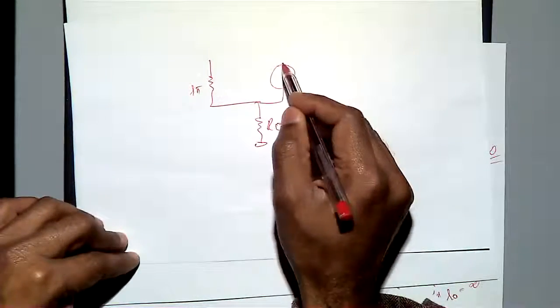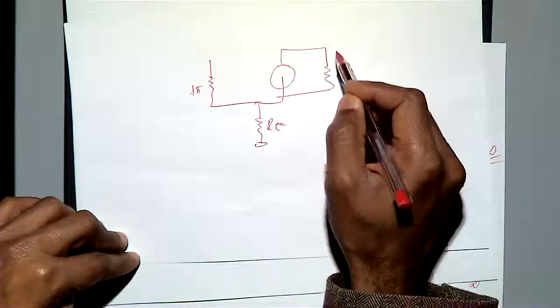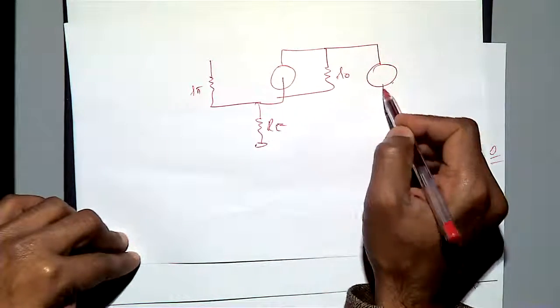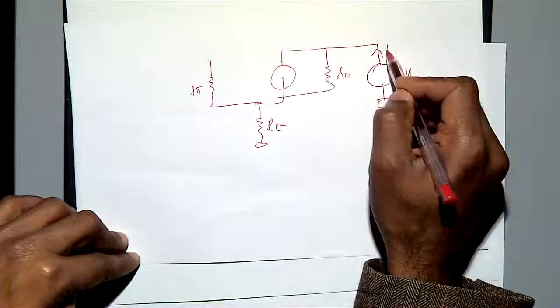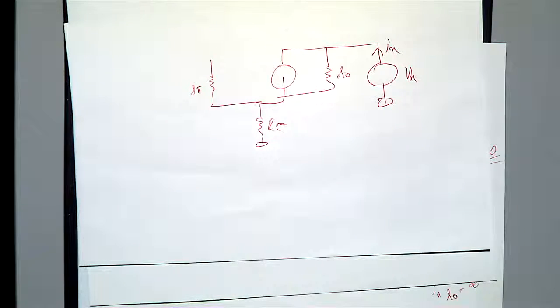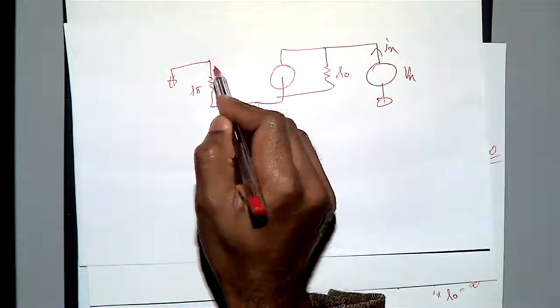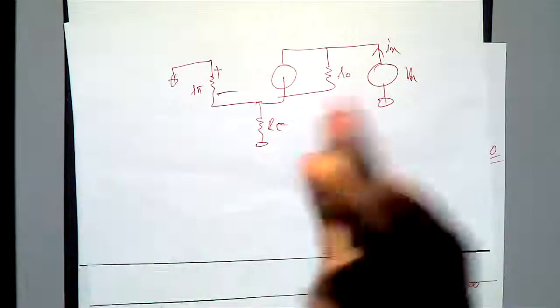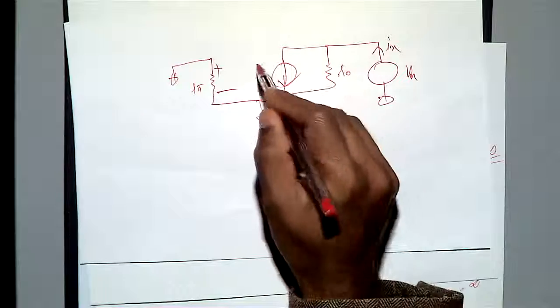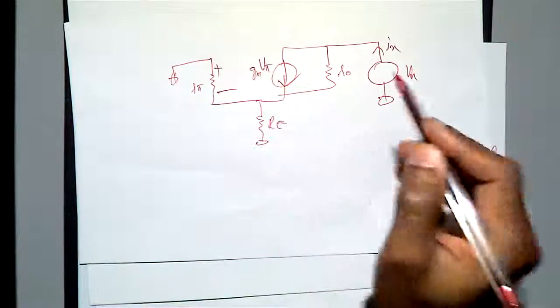So then this is a current source, this is Ro, and then we are connecting a test voltage source Vx, then you get Ix. Some of you don't like putting negative there, so somebody wants to put positive here, negative here. That is fine, you can do it. Then this current source equals gm into V pi.